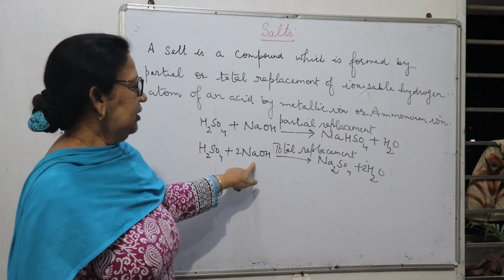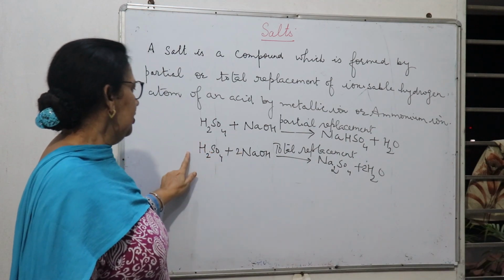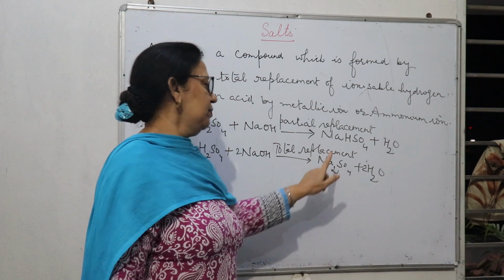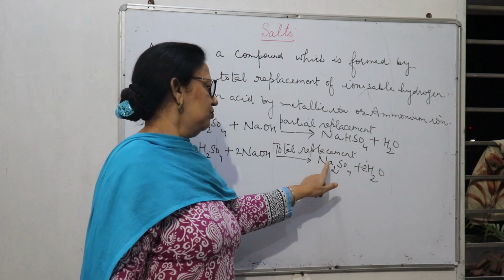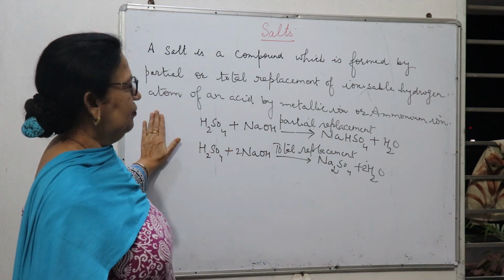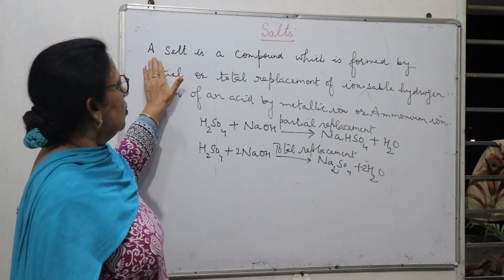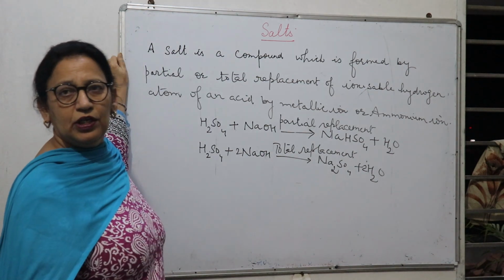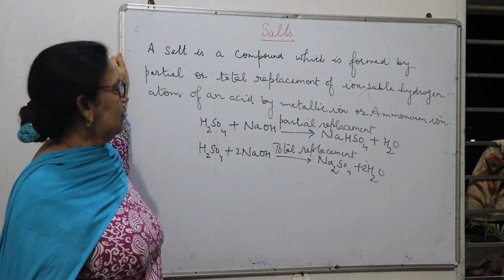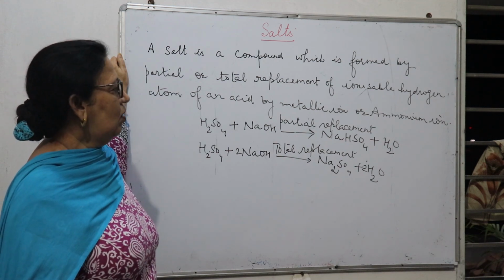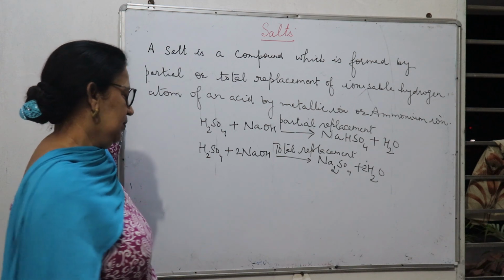H2SO4 plus NaOH, and both the hydrogen are replaced by sodium ion, so it is total replacement, and the salt formed is sodium sulfate plus water. Definition is clear. Salt is a compound formed by partial or total replacement of ionizable hydrogen atom of an acid by metallic ion or ammonium ion.